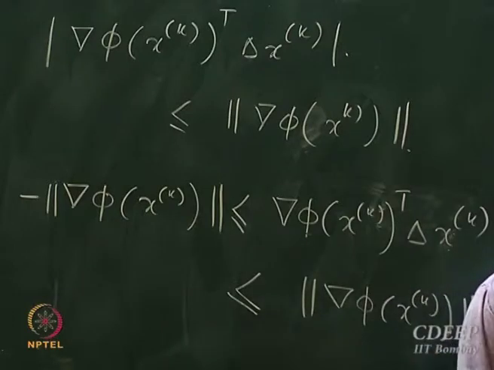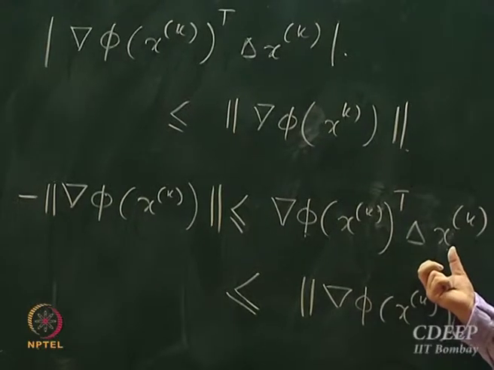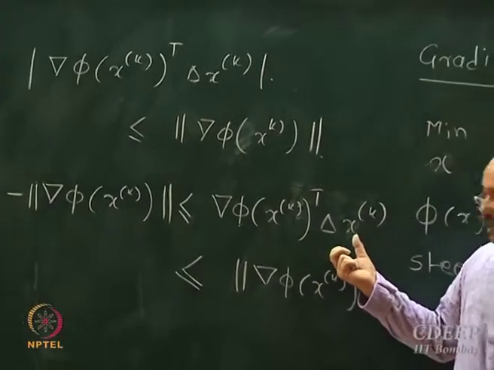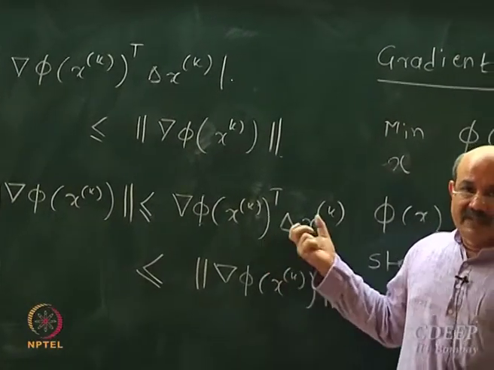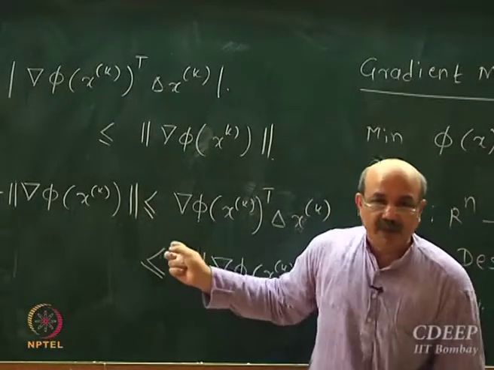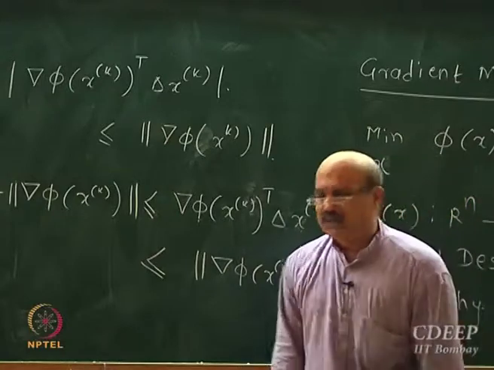When will it take this value? When delta x is aligned along which direction? Gradient direction. When delta x is aligned along the gradient direction, this inequality will be equality. Smallest change.